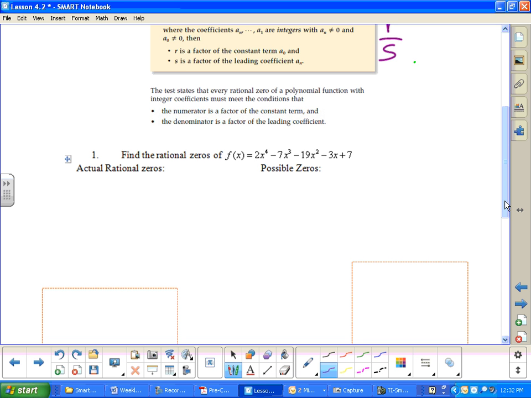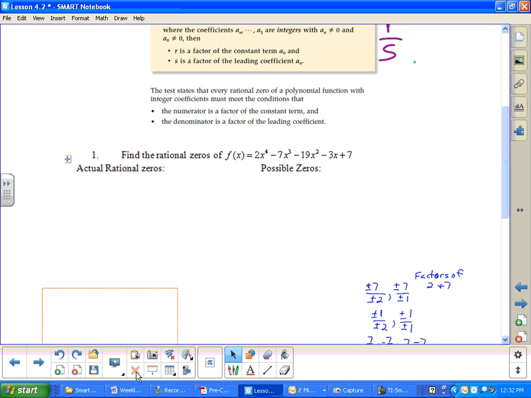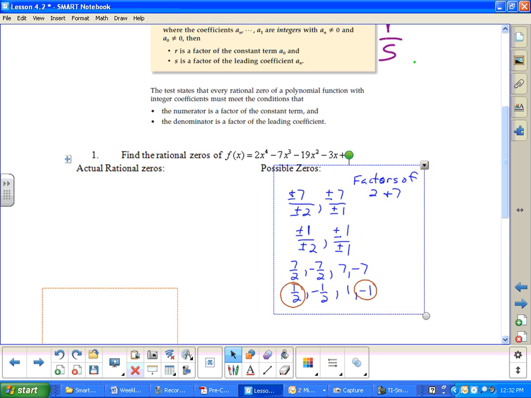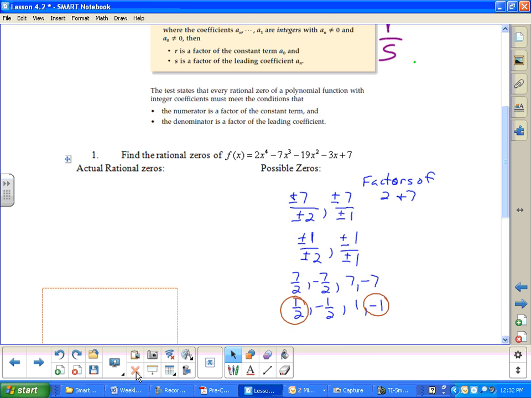And all the factors of 2 are 1 and 2. So all of my possible rational zeros would be all of those possible fractions I could write. Plus or minus 7 over plus or minus 2, plus or minus 7 over plus or minus 1, plus or minus 1 over plus or minus 2, and 1 over 1.